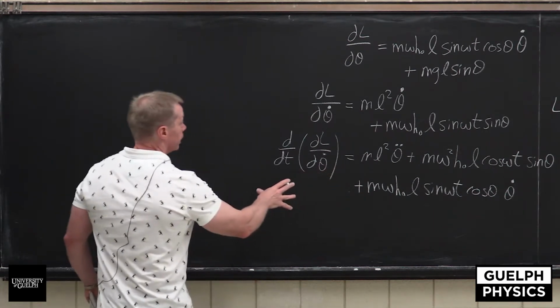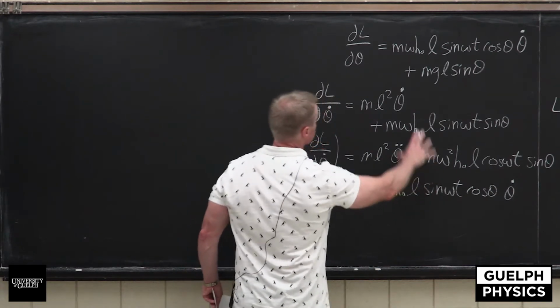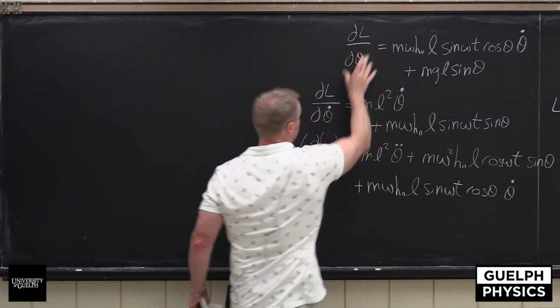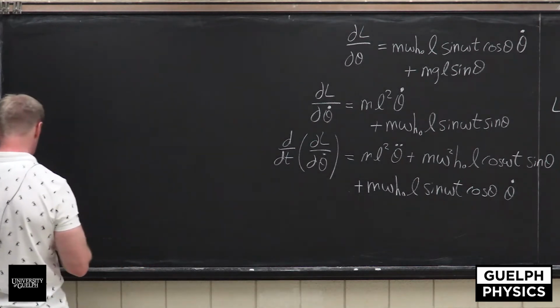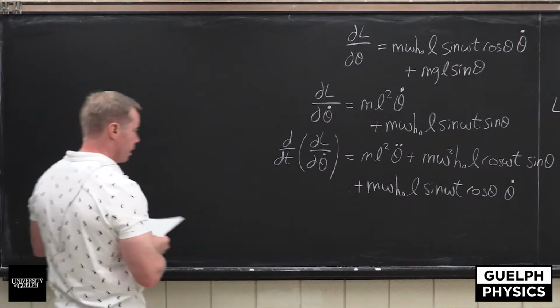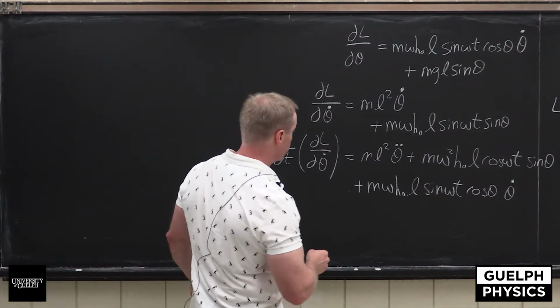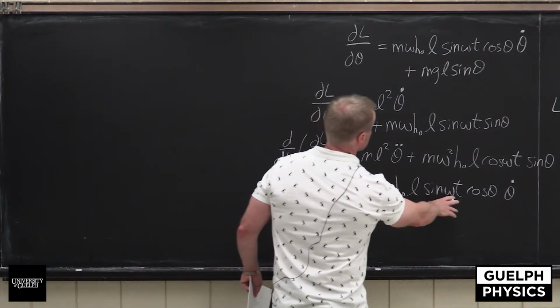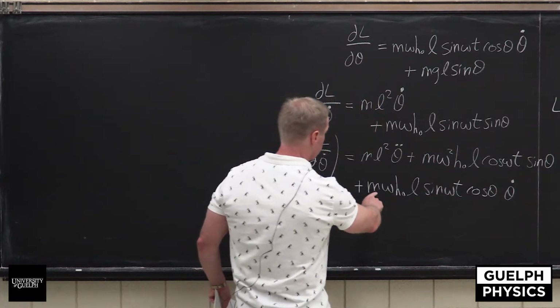Yes. So much more complicated. So to get my equation of motion, it's these terms subtracting ∂L/∂θ. And we can see from these expressions that we get a fortunate cancellation.